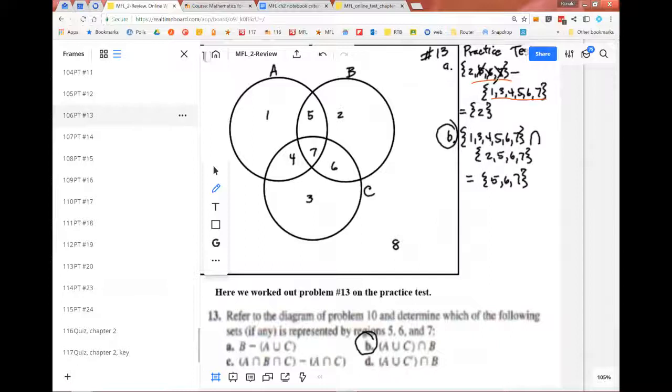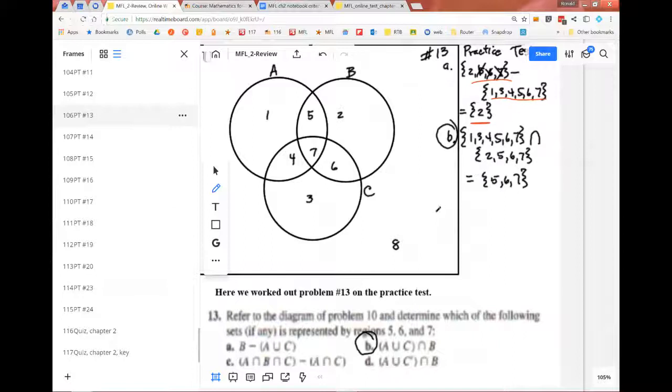So when you take away, the 1, there is none. Can you remove the 3? No, there is none. Can you remove the 4? No, there is none. Remove the 5? Yep, removed. 6? Yep, removed. 7? Yep, removed. What's left? It's just the 2.